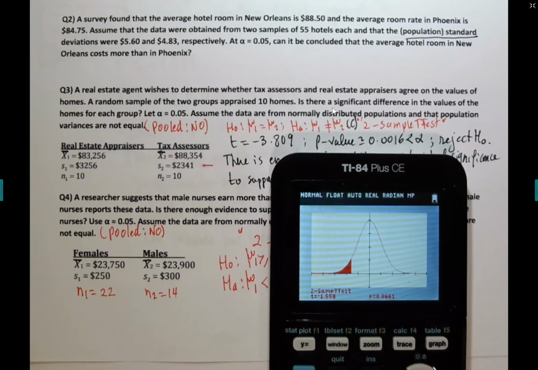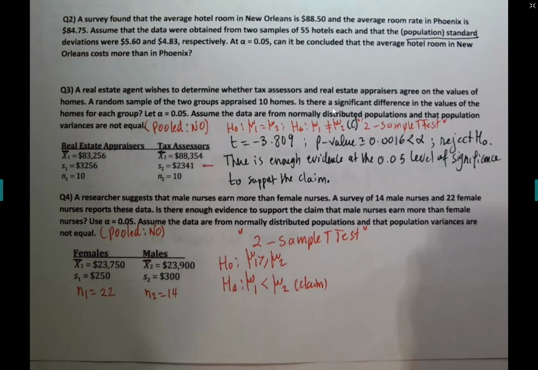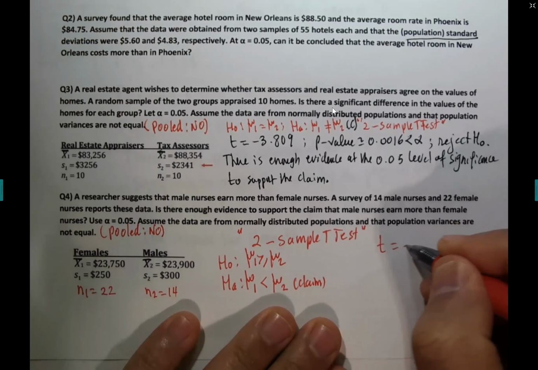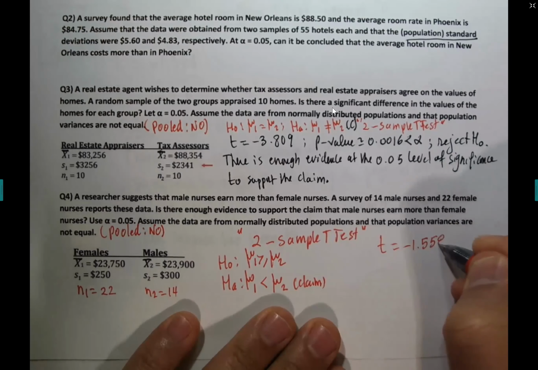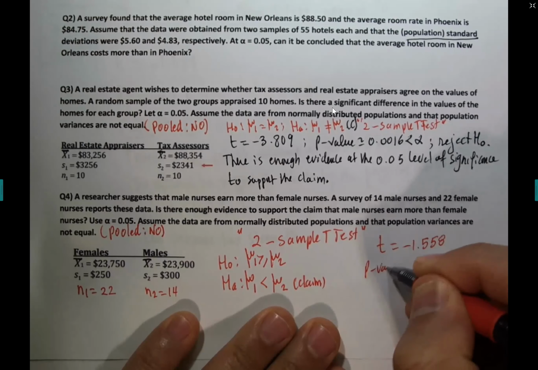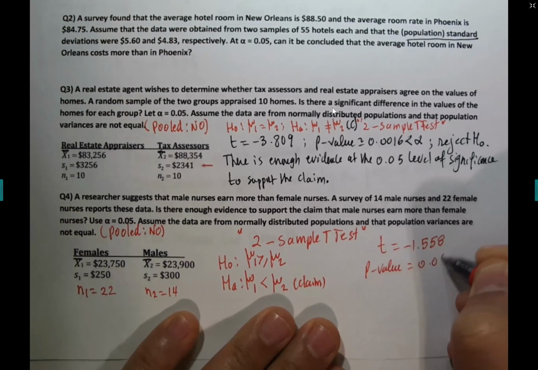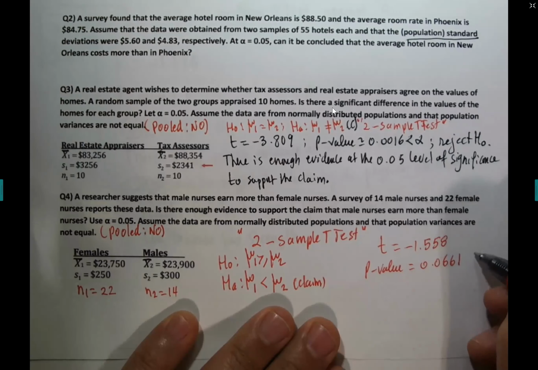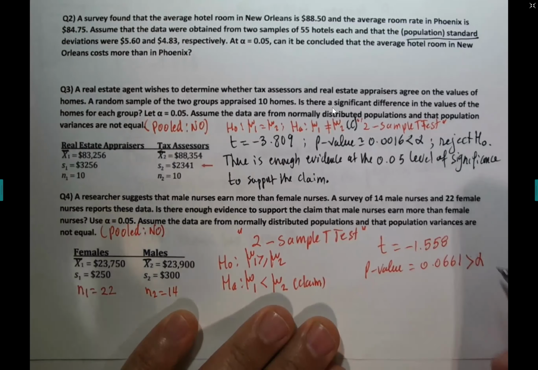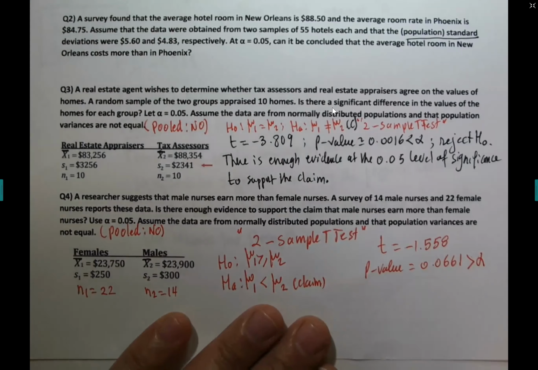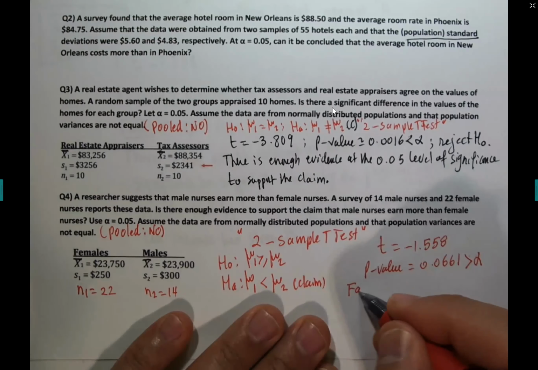So negative 1.558, and the p-value is 0.0661. And alpha is 5%, so that's bigger than alpha, guys. That's bigger than 5%. So fail to reject H0.